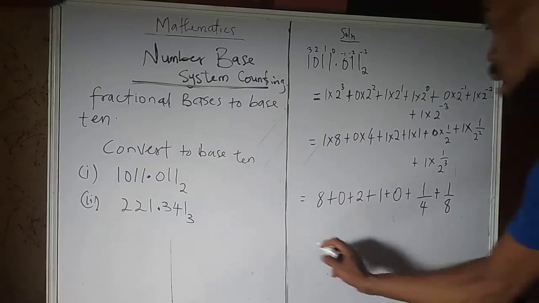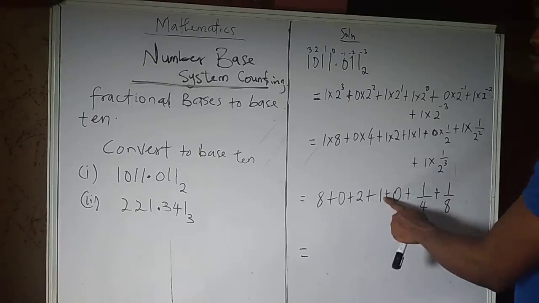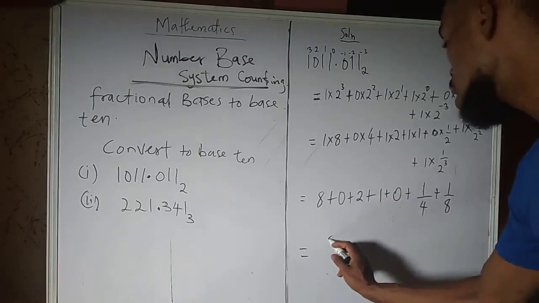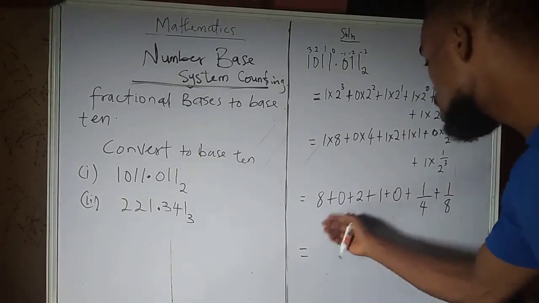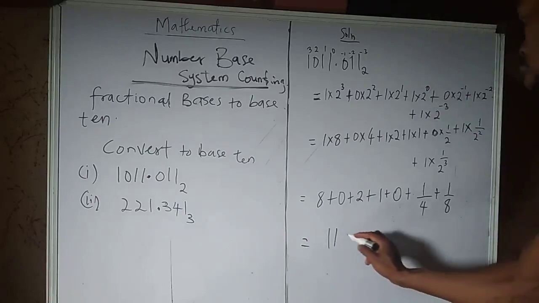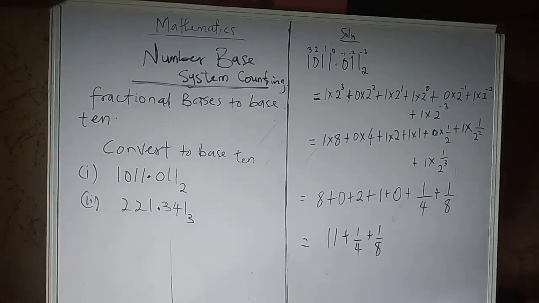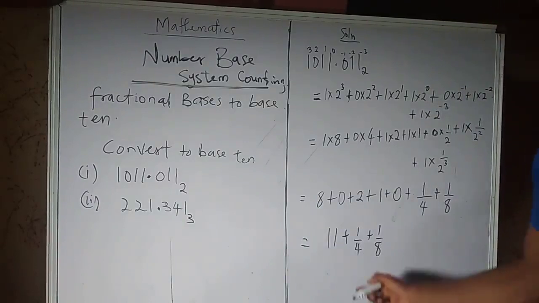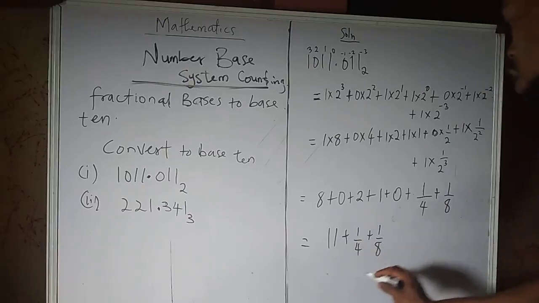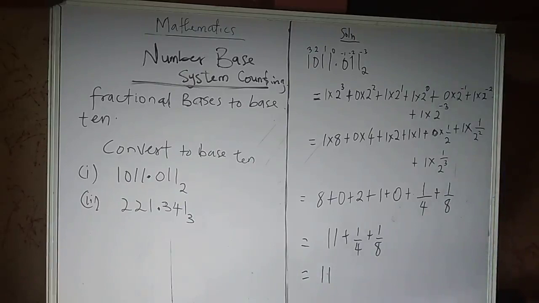So we simply have 8 plus 0 is 8, plus 2 is 10, plus 1 is 11, so we are left with 11 plus 1 over 4 plus 1 over 8. We can decide to leave this as a fraction, or we can just divide this. So this will now become, let me check if my camera is capturing this part.